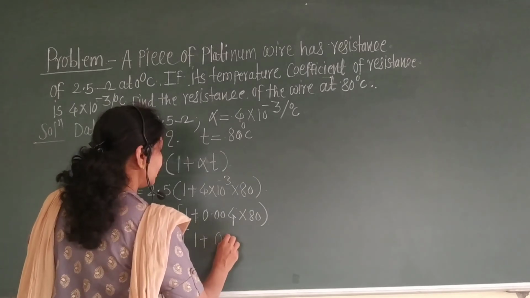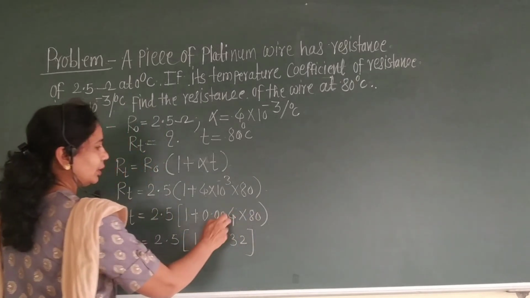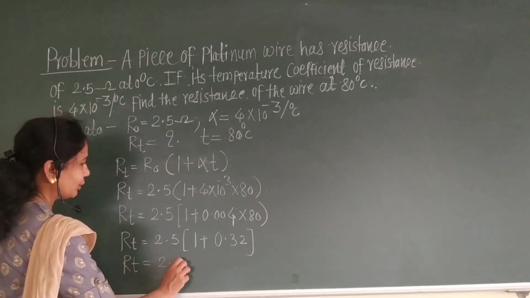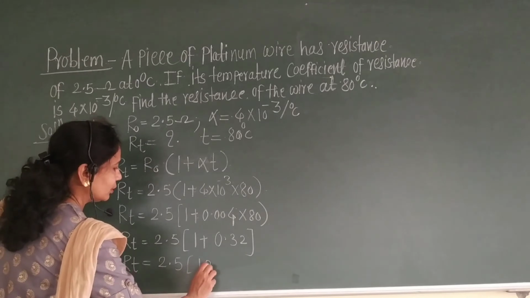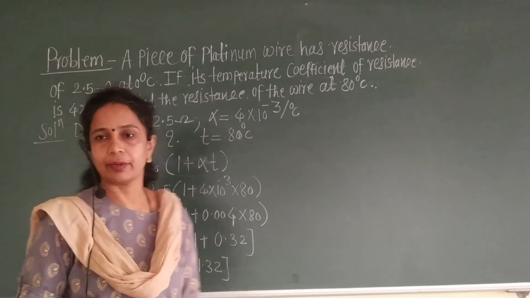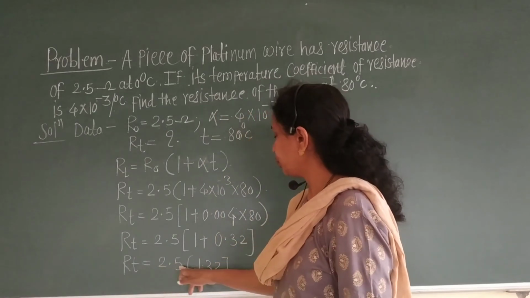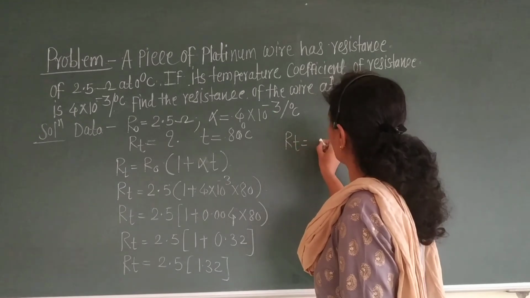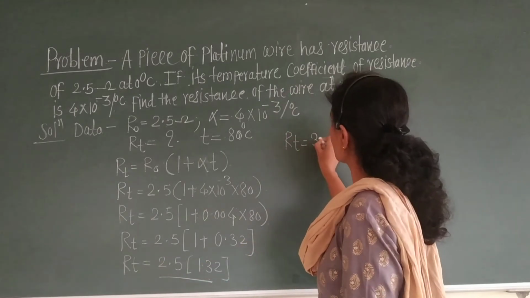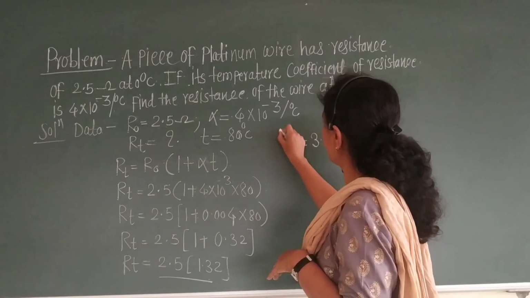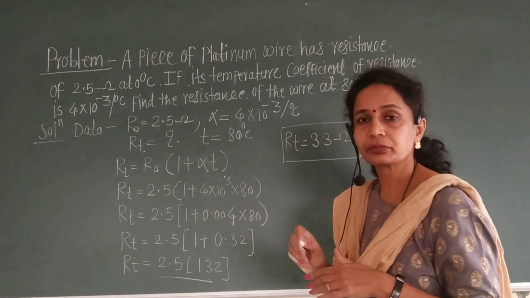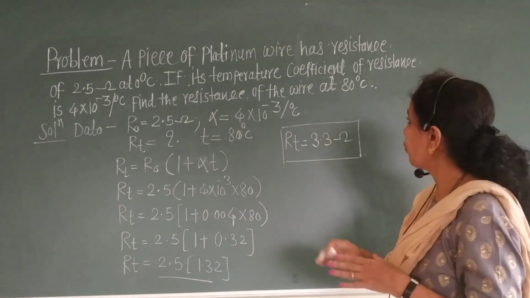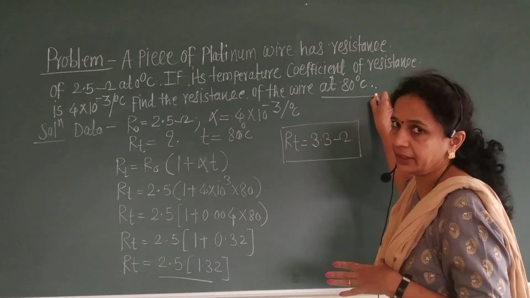It becomes 0.32. Therefore, RT is equal to 2.5 into 1.32. Taking the multiplication, this becomes 3.3 ohm. This is the value of resistance of the platinum wire at 80 degree Celsius.